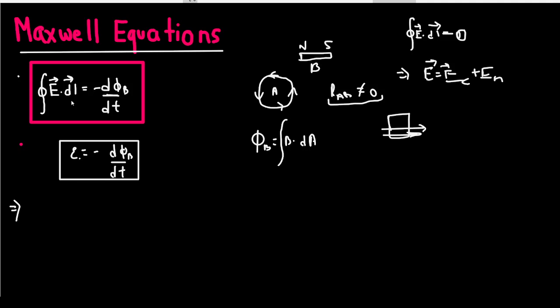Electric field E in this expression is the combination of EC, which is the conservative electrostatic electric field, plus EN. What is EN? EN is responsible for all of these things. EN is the short form of the induced electric field. What is the induced electric field?